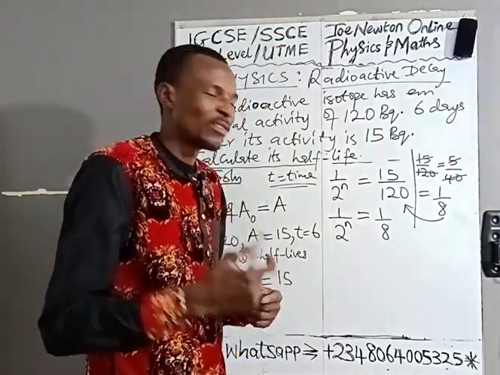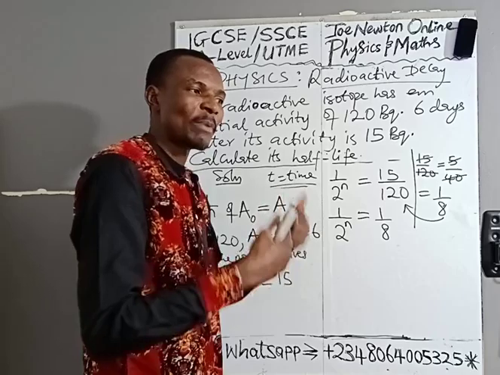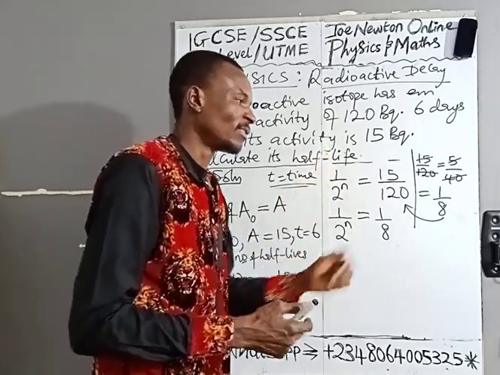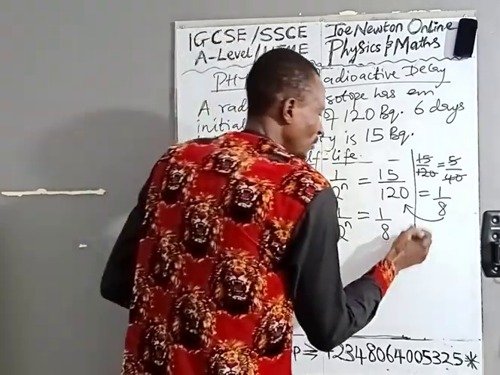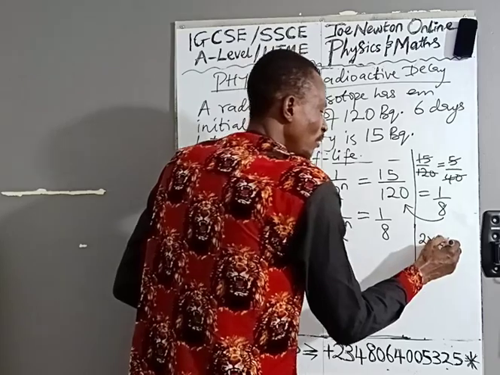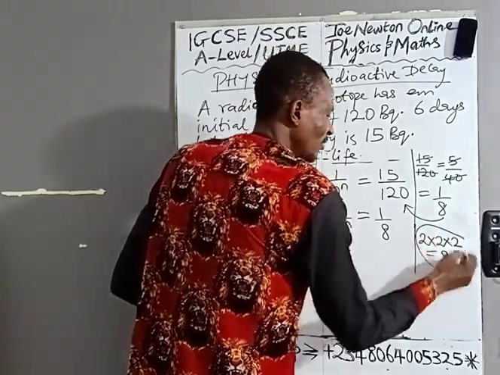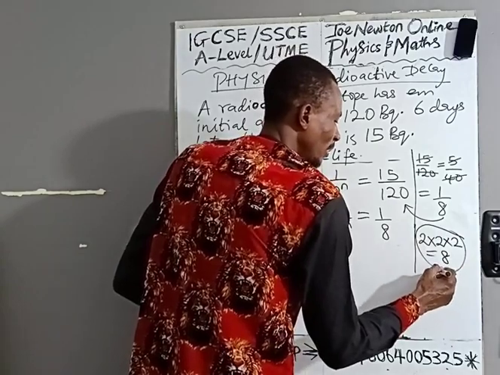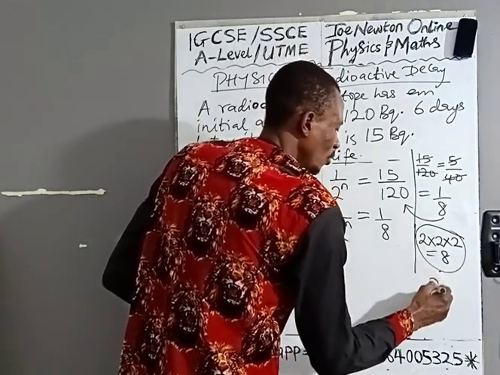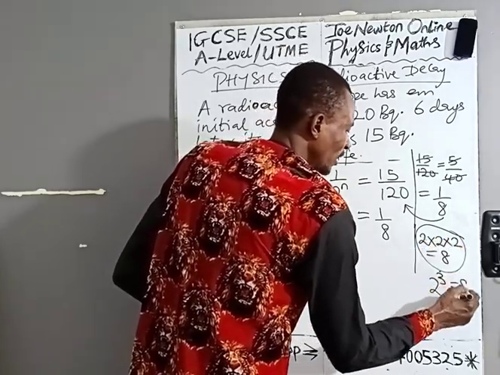So the question now is, for this to be equivalent in expression, 2 raised to the power of what will give us 8? Let us try it and know. 2 times 2 is 4. 4 times 2 is equal to 8, which means that 2 raised to the power of 3, because this is 1, 2, 3, will give us 8.